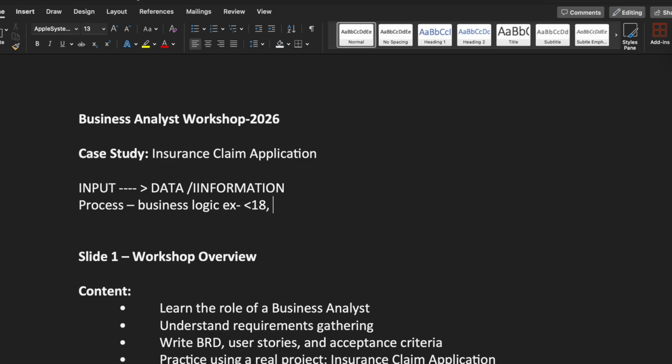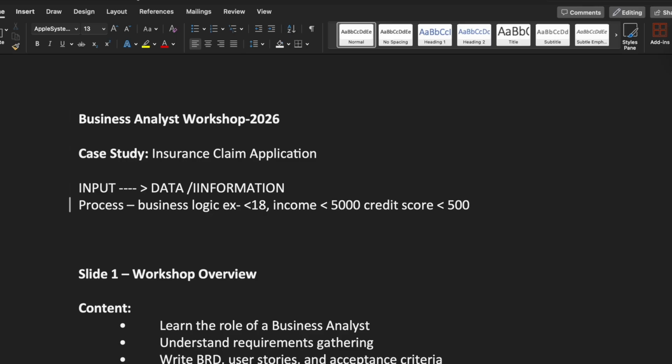Business logic, for example: we cannot accept customers less than 18. Or we cannot give a loan if customer income is less than 5,000, or credit score less than 500, something like that.